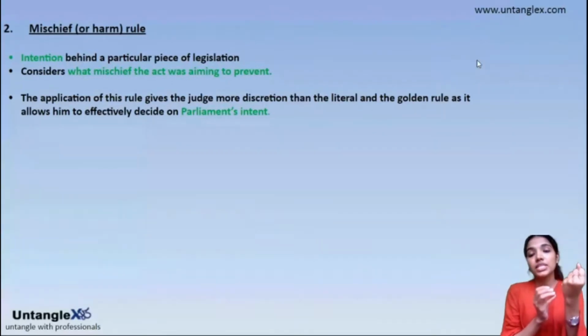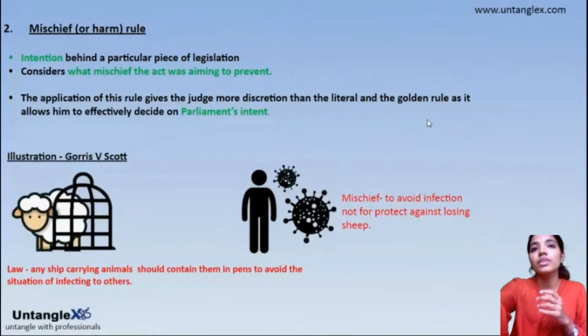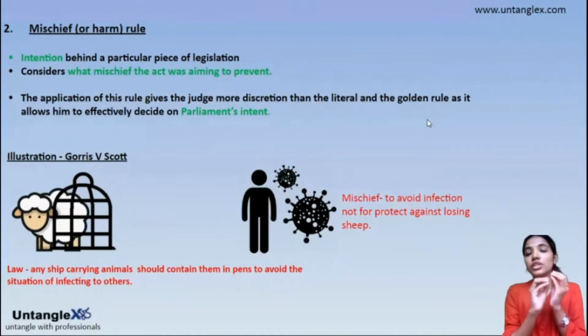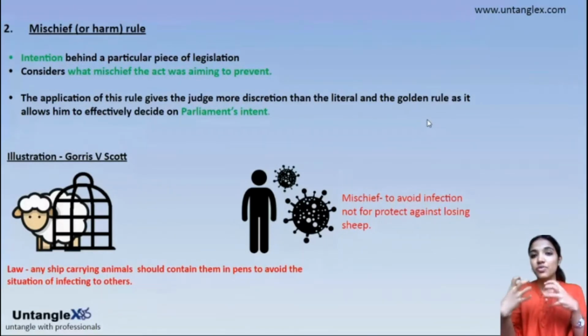So in the mischief or harm rule, it is not the literal meaning of the law. Okay, here the judges look at what crime the law was meant to prevent, and that will be taken. Okay, so we have the case of Gorris versus Scott. According to the Contagious Diseases Act, animals being transported from one place to another in a ship should be put in a pen, so the disease from them won't pass on to other people or animals.